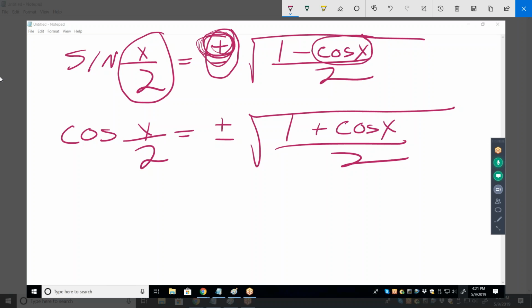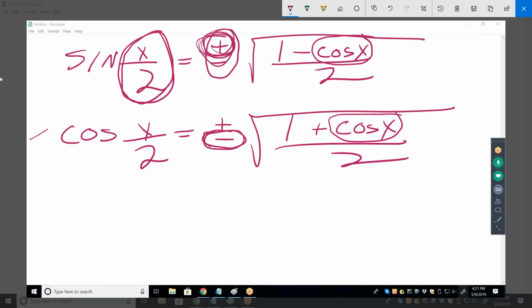If x over 2 is in the second quadrant and I'm dealing with cosine, I'm going to use the negative sign because I know cosine is negative in the second quadrant. So it's not about this, it's about what quadrant that is in. And sometimes you have to play around with it a little bit.